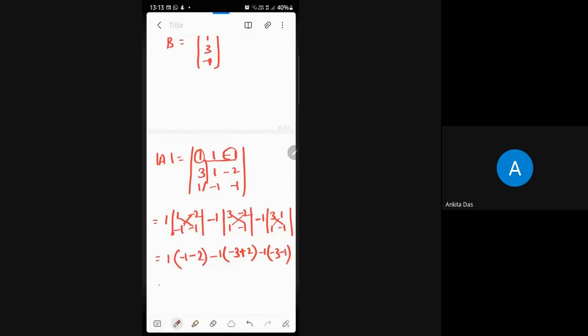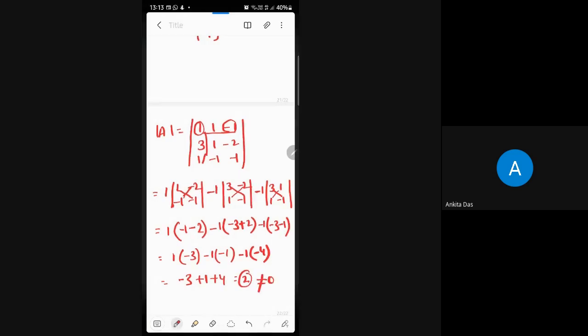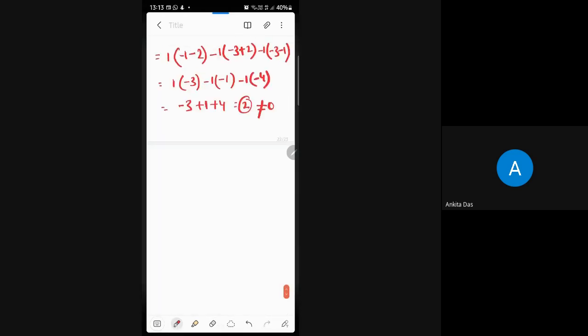This implies 1 into minus 1 plus 2, minus 1 into minus 3 plus 2, that is minus 1, and minus 1 into minus 3 minus 1, that is minus 4. So 1 plus 1 plus 4... total 2, not equal to 0. So det A is not equal to 0.